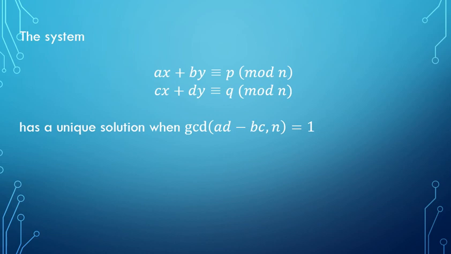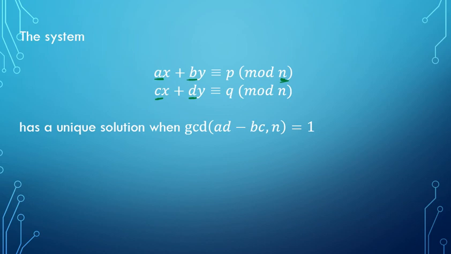And the condition that has to hold in order for us to have this unique solution: you have to do a times d minus b times c. You'll get some number, take the GCD of that number and your n value, and if those two things are relatively prime, then you know that there is a unique solution.